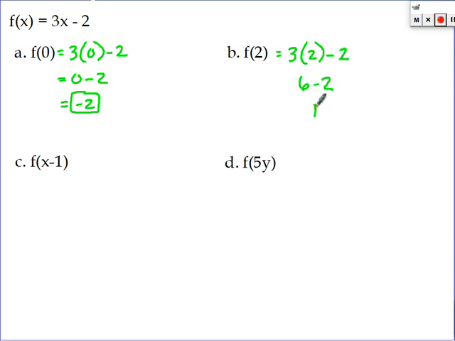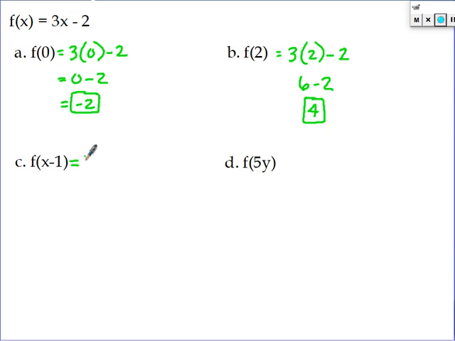Now, even though these next ones have something different in them, there's a variable there, it's not just a number, it doesn't matter. You still go about this the same way. If I would give you f of smiley face, then you would put the smiley face in for x. Whatever is in this parentheses, we're going to plug in for x. So C here would become 3 times (x minus 1) minus 2.